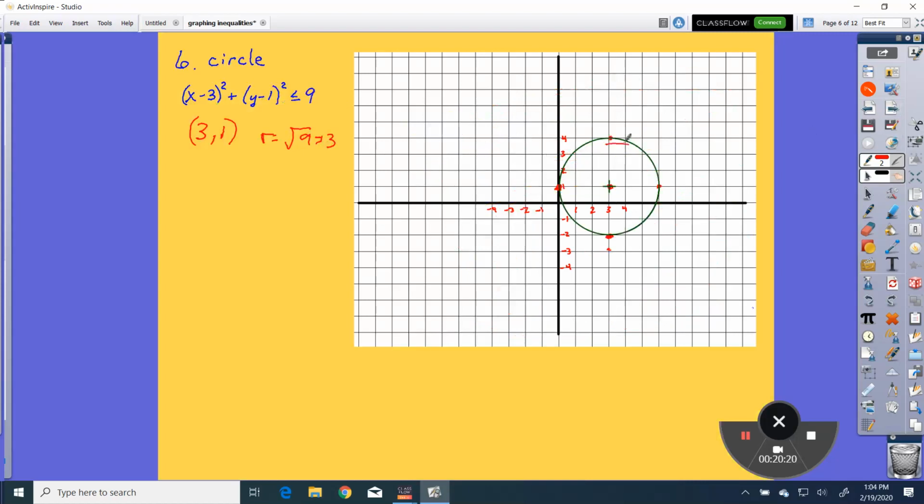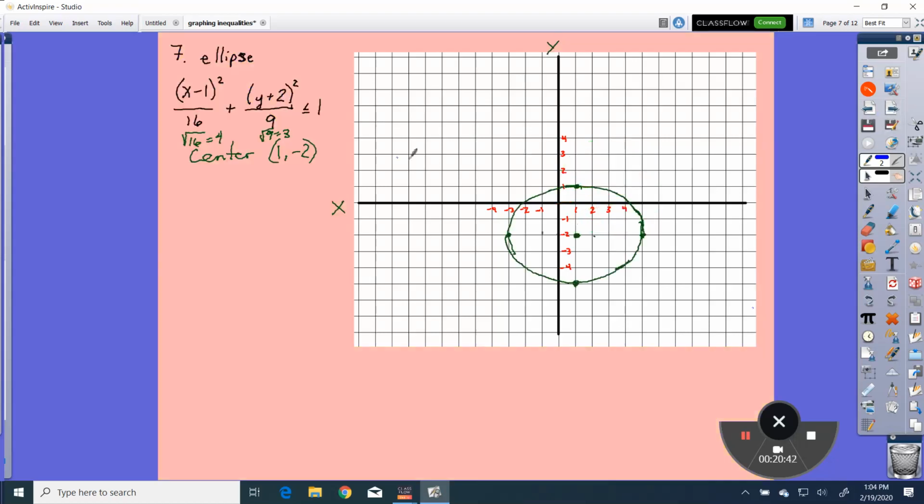Less than, inside. And here's an easy way to check that that works. If I pick the center, which is at 3, 1, and I plug it in here, 3 minus 3 is 0. 1 minus 1 is 0. Is 0 less than or equal to 9? Yeah, 0 is less than 9. So that point worked. So everything that's inside the circle works.